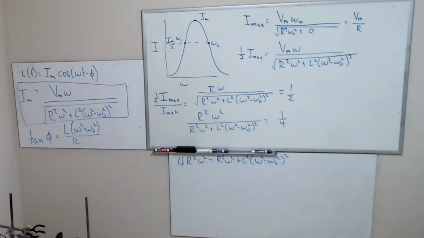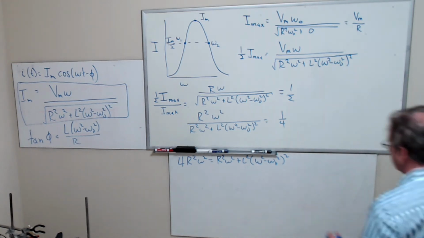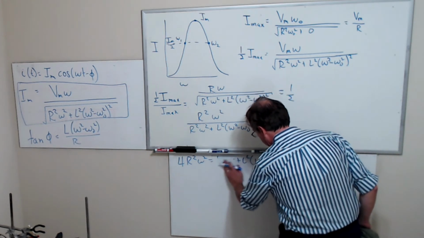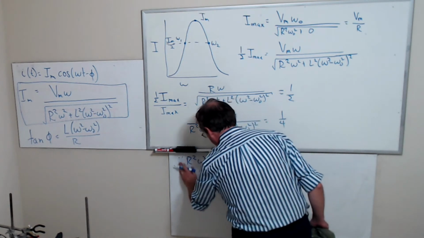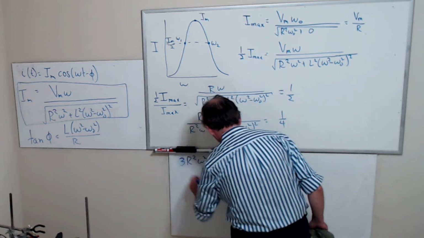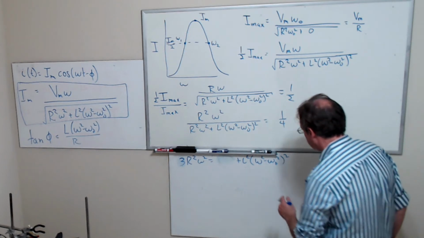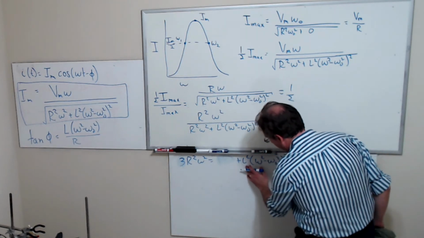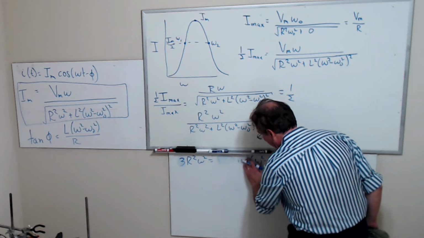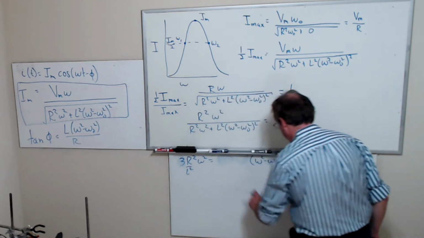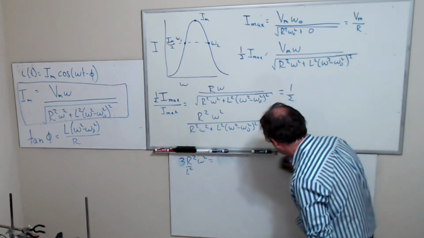Okay. Then I'm going to move this term to the other side. That's going to make this a 3. I'm going to divide both sides by L squared, and I get that.